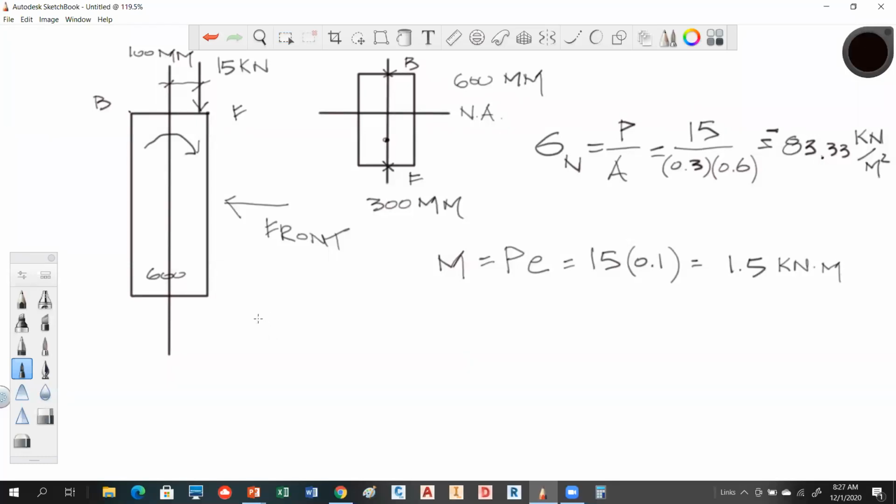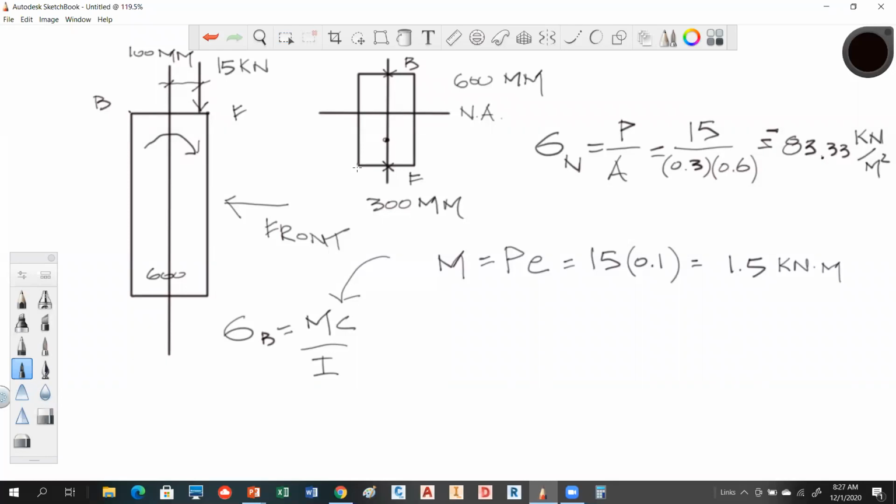Bending stress is defined as what? MC over I, okay? So what we just calculated here was M. C is the distance from the neutral axis to the outside edge fiber, so that would be 300 millimeters or 0.3 meters. And I we have to calculate, right?